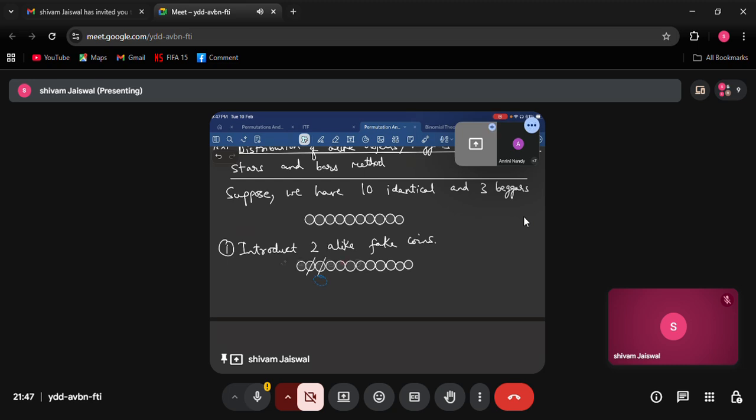Next, in this case, tell me, the first beggar is getting how many coins? 7. Second beggar is getting how many coins? 2. And the third beggar is getting how many coins? 1 coin. Okay, are you getting?